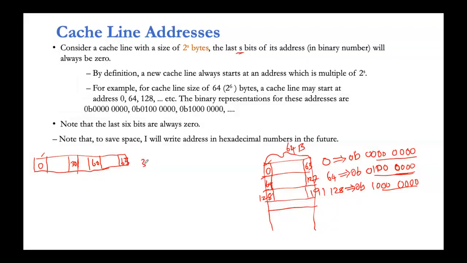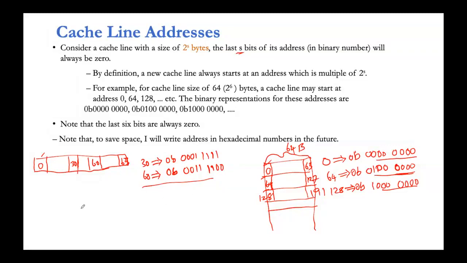If you write 30 in the binary form, you will get 0001 1110. For the arbitrary piece of data at the 60th byte, the binary form is 0011 1100. Okay, this is one case.